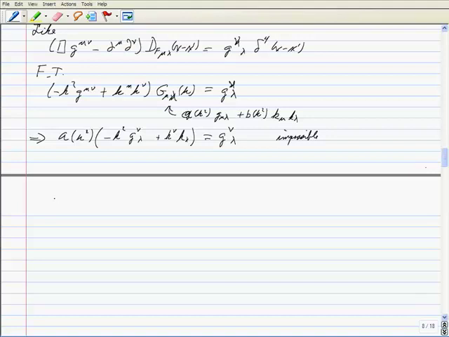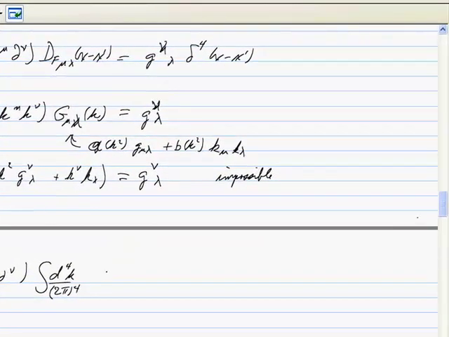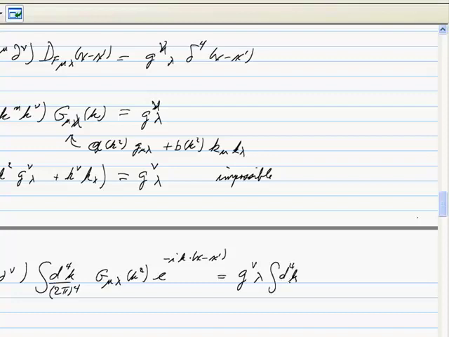Let me write it out. I want box G mu nu minus D mu D nu on the integral d4k over 2 pi to the fourth, some g mu lambda of k squared e to the minus I k dot x minus x prime on that side, and on the other side I want g nu lambda integral d4k over 2 pi to the fourth, 1 times e to the minus I k dot x minus x prime.